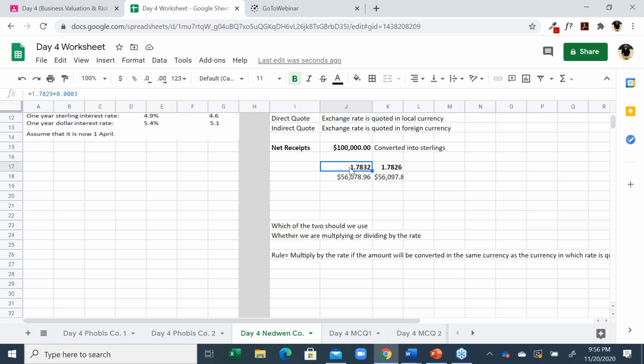You should always look at it from a bank's perspective, so that they can make the profit. When they will be selling the same $100,000 to you, they will charge you 56097, which is higher. But by buying the same amount of currency, they will be just paying you 56078, and the difference is their profit.